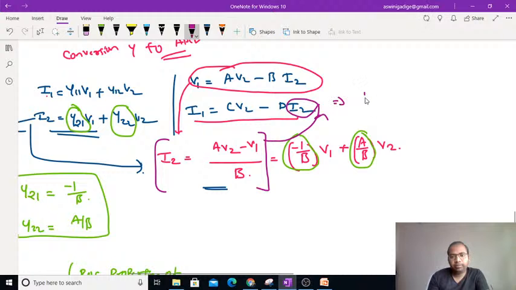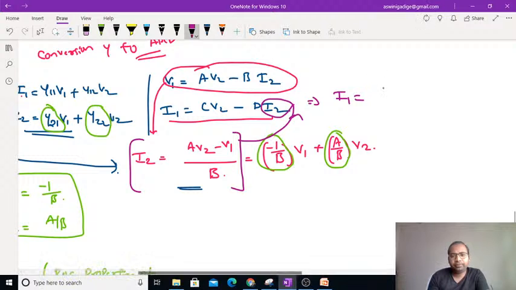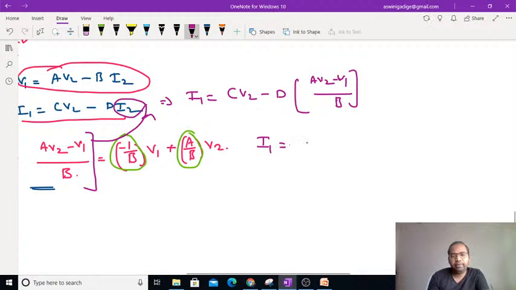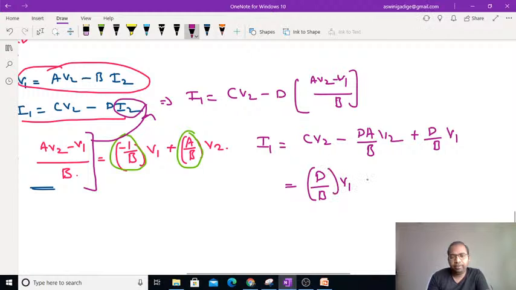Now I will get I1 is equal to CV2 minus D into (AV2 minus V1) divided by B. Then I1 is equal to CV2 minus DA by B V2 plus D by B V1, that is equal to D by B V1 plus (C minus DA by B) into V2.